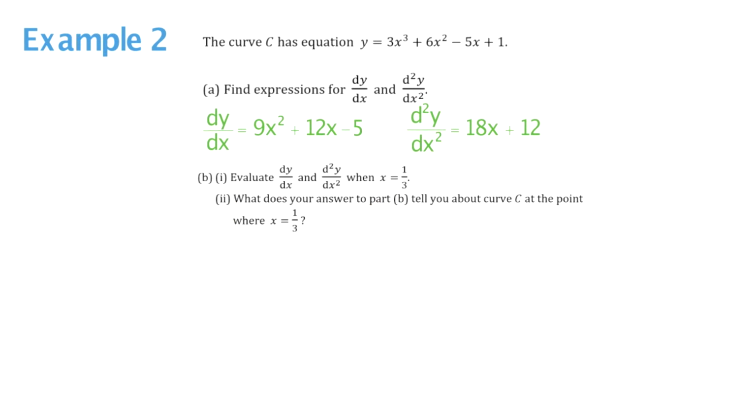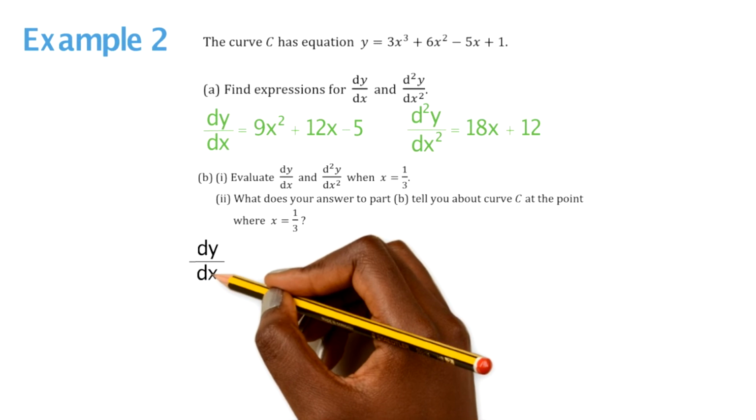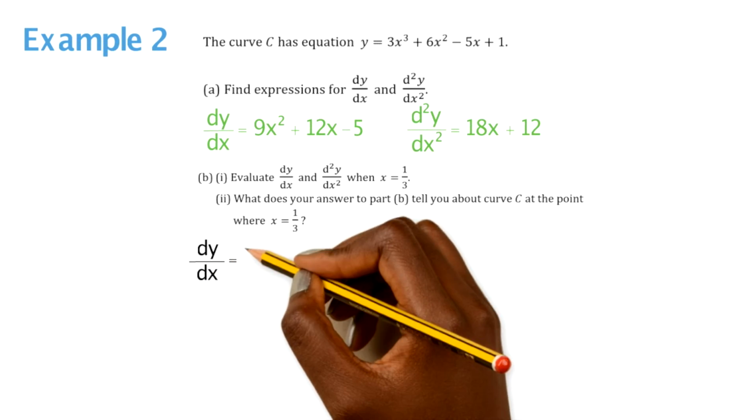And then in terms of part B, it's now saying evaluate, so basically work out your dy by dx and your d2y by dx squared when x is equal to a third. So we're going to substitute x is equal to a third into our dy by dx.